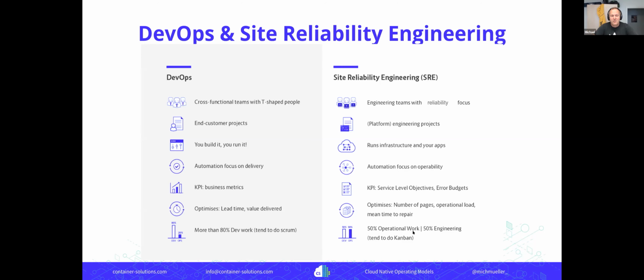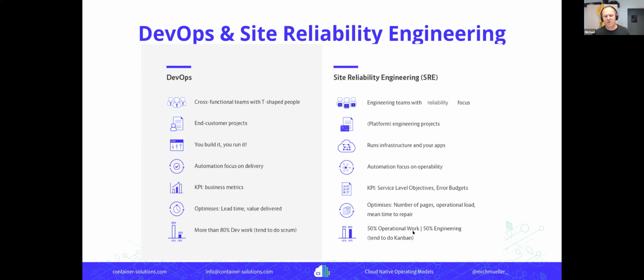The KPIs of a DevOps team usually are business metrics, conversion rates, users, things like this, things which are more important for the business than for the SREs. They are more driven by service level objectives, error budgets, number of pages, things like this.